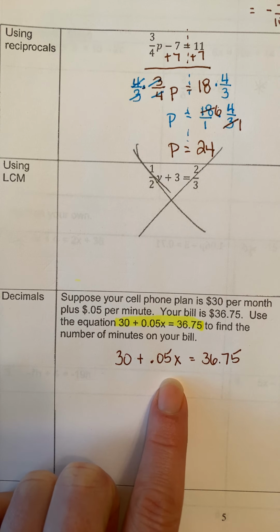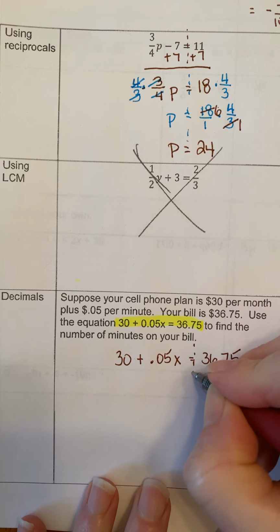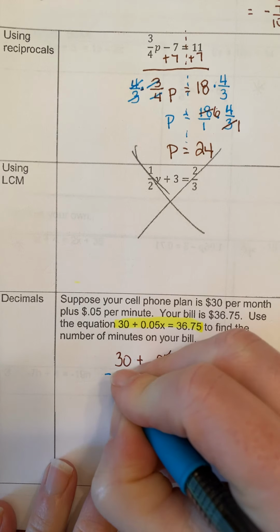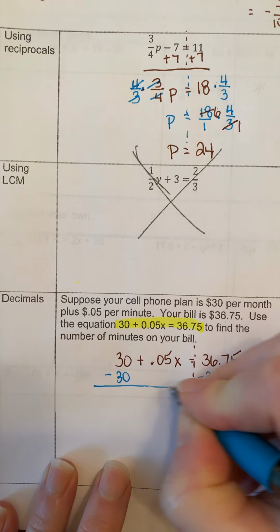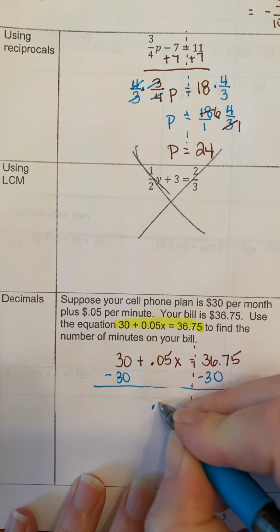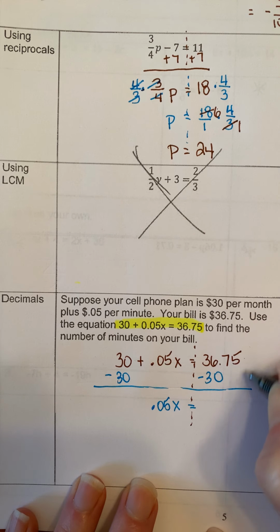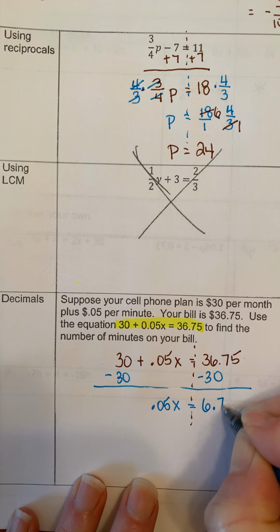So I have 0.05x plus 30 on this side. I'm going to undo the last operation, which is the plus 30, by subtracting 30 from both sides. What I'm left with is 0.05x equals, and 36.75 minus 30 is 6.75.